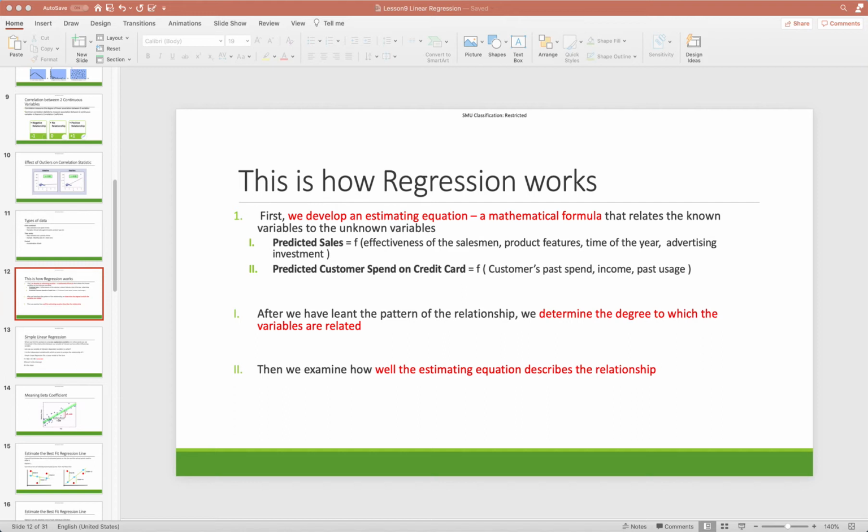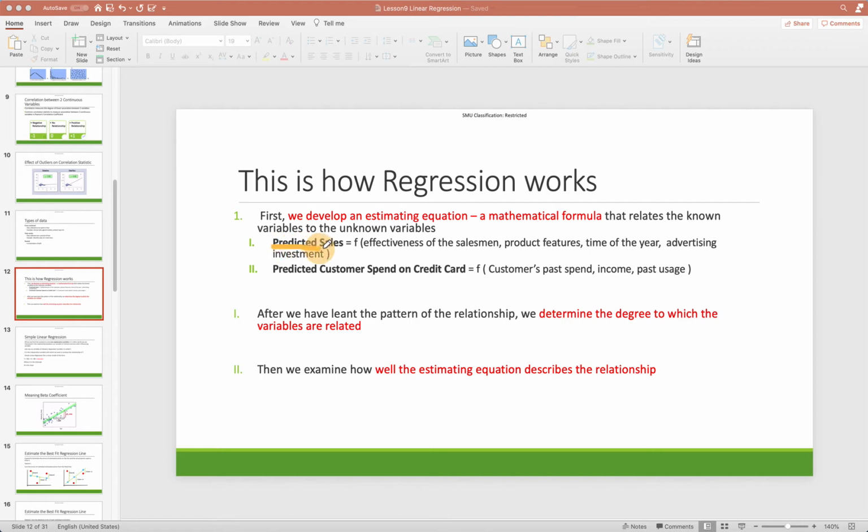So let's get started. Essentially, the first thing that we will do is we will develop a mathematical equation, essentially a formula, that will tell you what is the value of y given the value of x variables. Let's talk about a few examples.